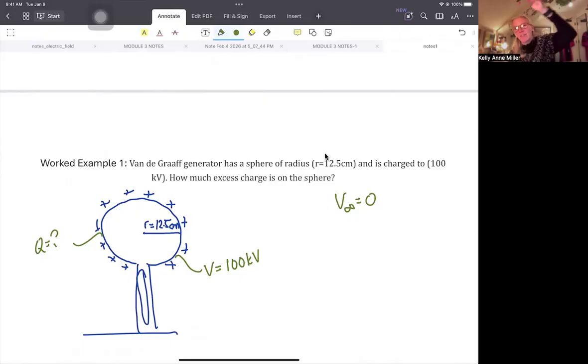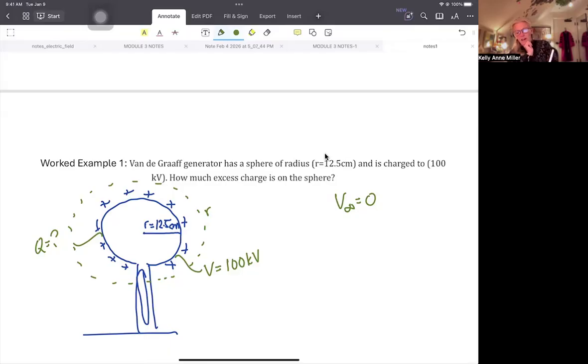If I draw a Gaussian surface around the outside of my sphere, which is what we did last week, at some distance r, as far as Gauss's law is concerned, it's as if all of the charge is concentrated at the center.